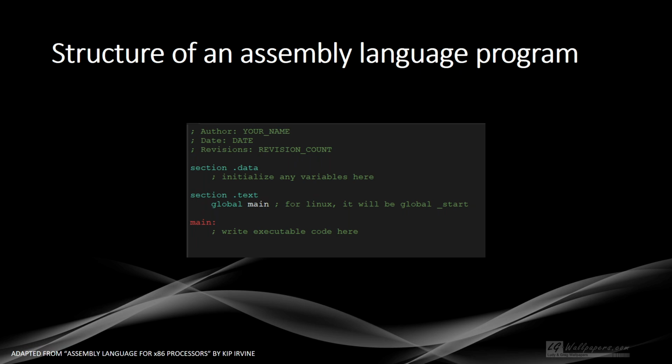So if you want to start a section, you just say section, and for example, if we are starting the data section, we say section .data, and if we are starting the text section, we say section .text. In this way things are in NASM. In MASM they are a little different, but for the most part you will not have any problem if you switch from either of them.